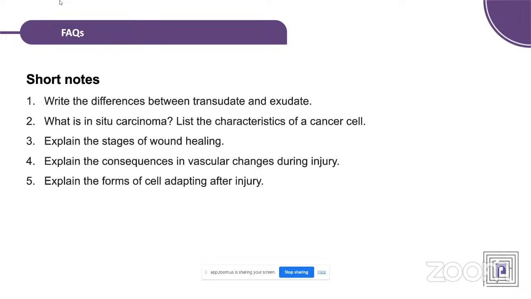Transudate is mainly an ultrafiltrate of the plasma without any changes in the endothelial permeability. And exudate is due to infection or inflammation, and it is associated with vascular changes, that is increased vascular permeability.